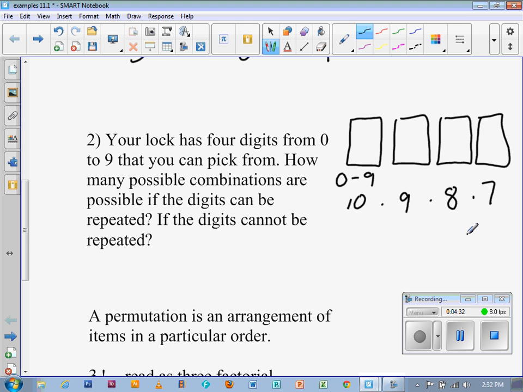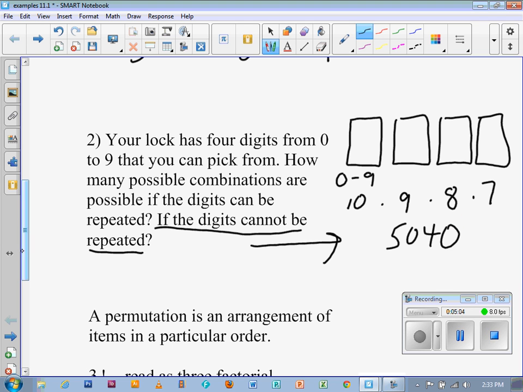So to answer the last question, if the digits cannot be repeated, how many possible combinations would we have? It would simply be calculated by multiplying 10 times 9 times 8 times 7, which gives you 5,040 possible combinations. So you can see that by limiting to not repeating digits, we all of a sudden have about half as many selections we can pick for our combination.